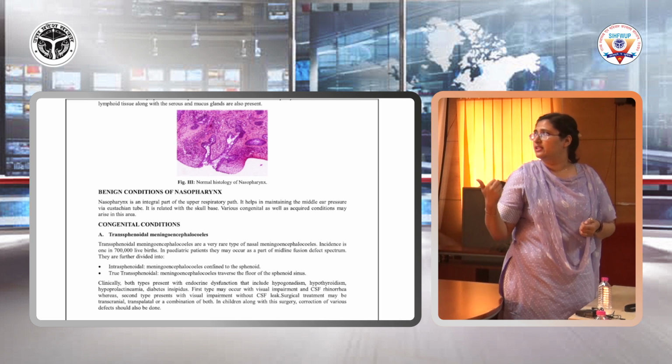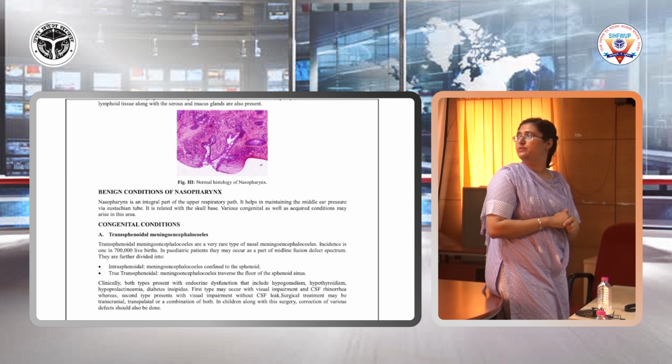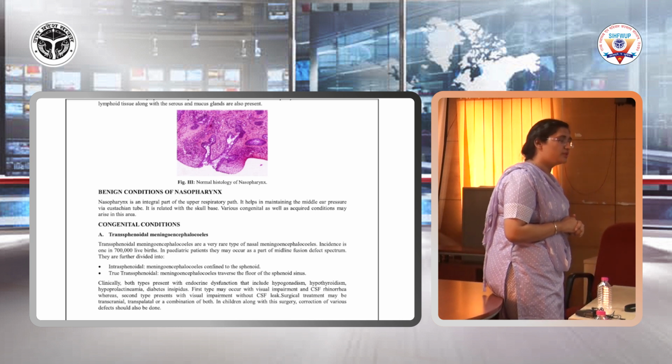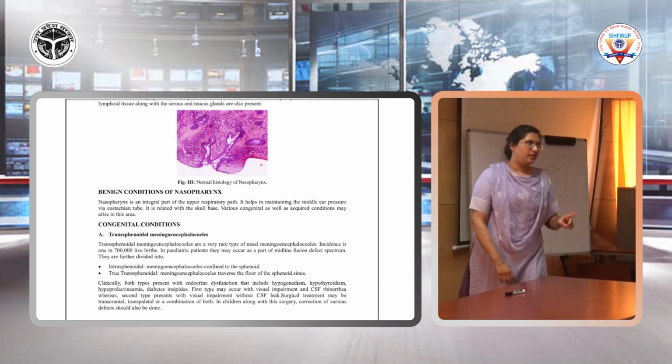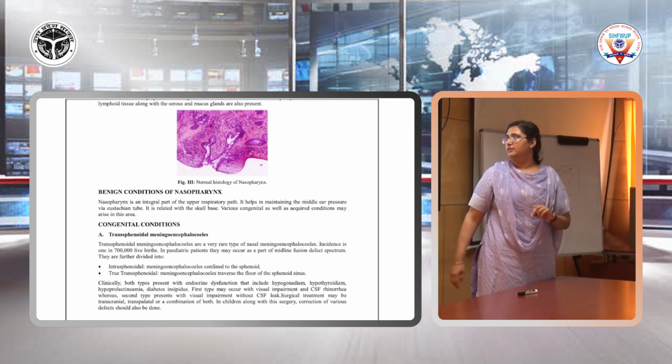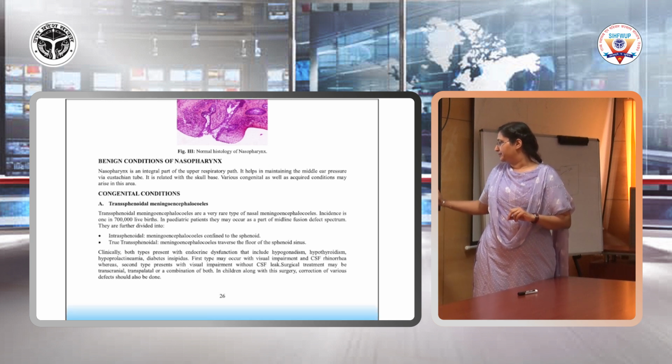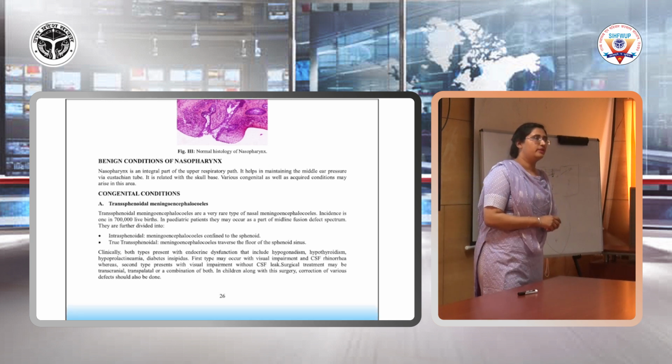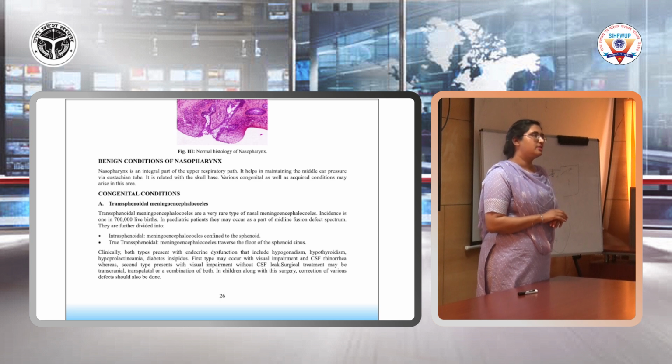So for congenital conditions, the first one is transsphenoidal meningoencephalocele, which is very rare, found in 1 in 7 lakh babies, and it is of two types: intrasphenoidal and true transsphenoidal.